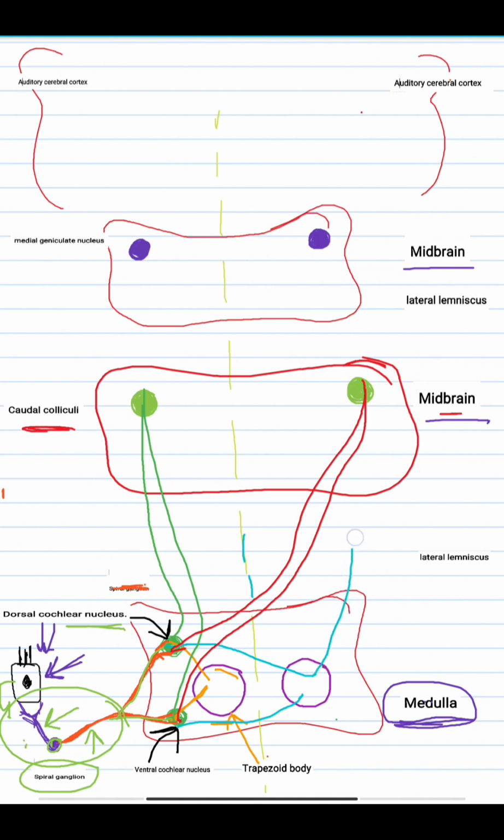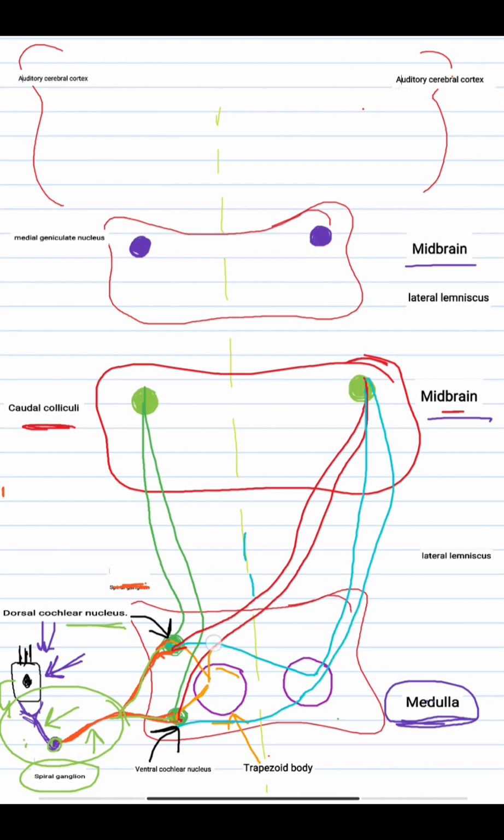Those nerve fibers that leave the medulla to the midbrain are called the lateral lemniscus. So the lateral lemniscus is formed from 4 types of nerve fibers that are branches of the cochlear nerve.